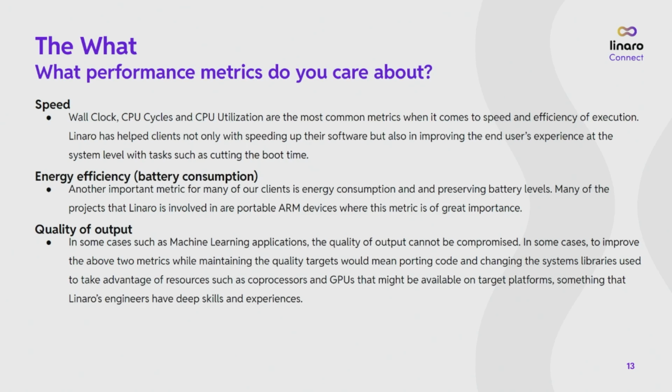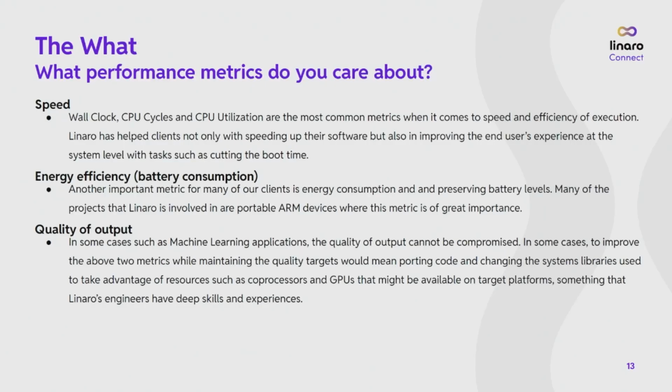So if you're trying to improve efficiency or speed by optimizing your models and using those co-processors, you might be losing quality, and depending on your application, the quality metrics are different, obviously. Using co-processors and GPUs is again something that Linaro engineers have experience with. Just in case you hear somebody talking about it, come to us.